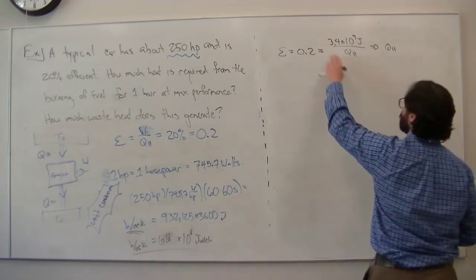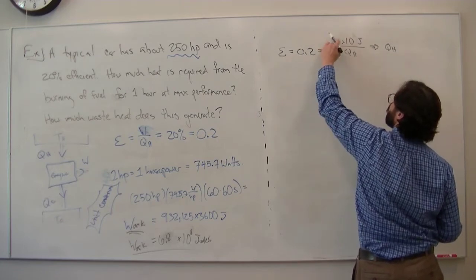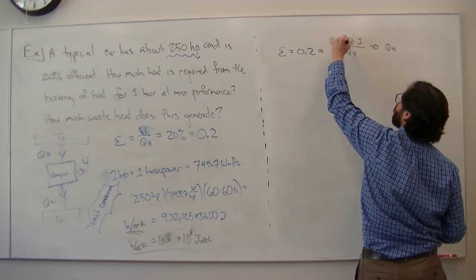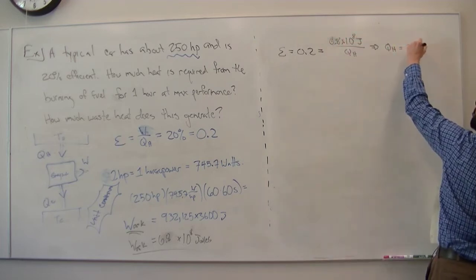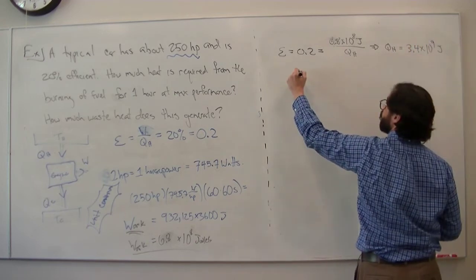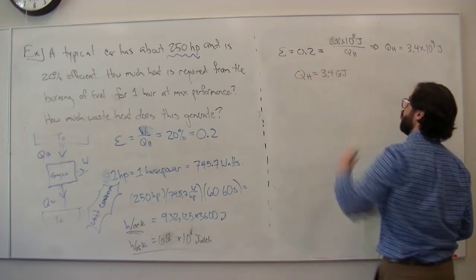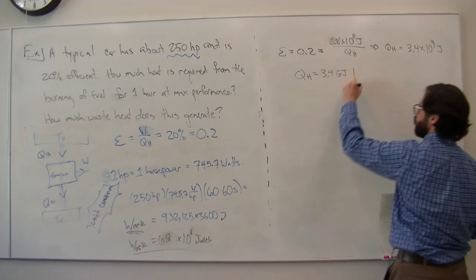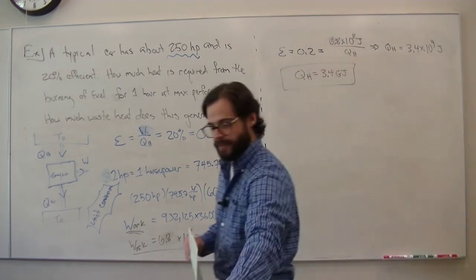This is the 3.4 gigajoules, and we'll write it like gigajoules because that looks nice. So that's the definition of efficiency.